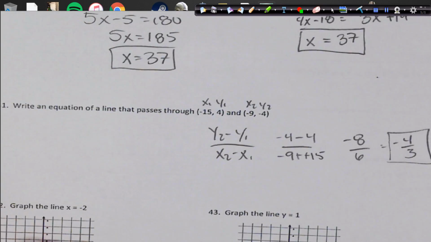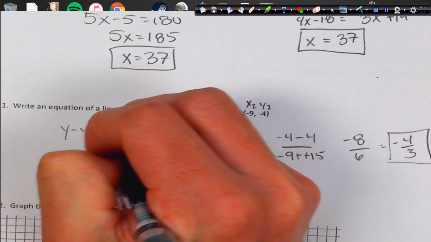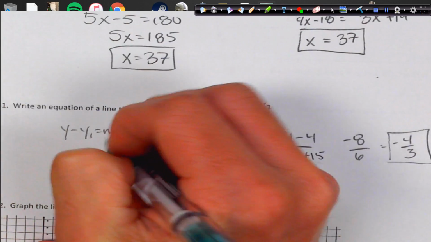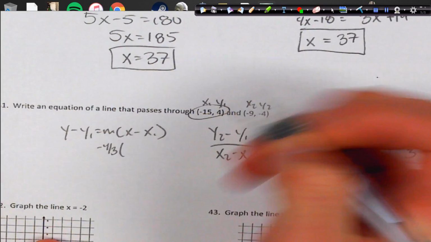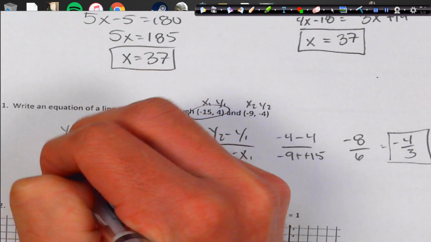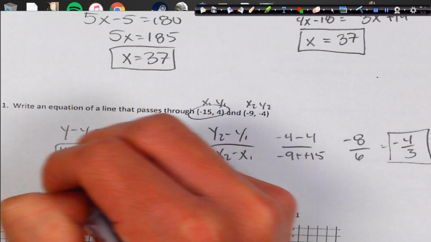So there's my slope, and then I just pick one of my points. I'm going to pick that one, and we plug it into point slope form. So we got negative 4 over 3, x minus 15, which is making it look like a positive, and y minus 4. And we're done.